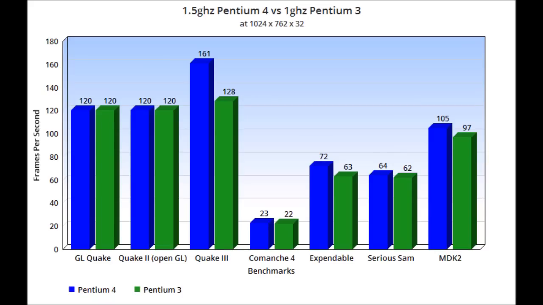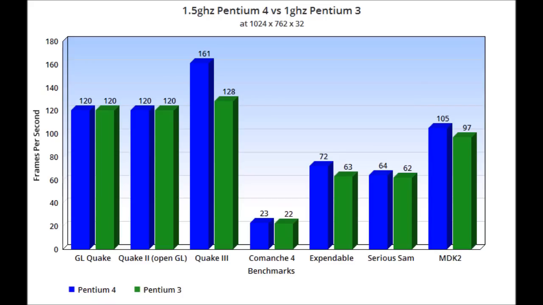Comanche 4, which is probably the most demanding game on this list, is pretty much the same. I think there's like a 1 frame difference, but it is in favor of the Pentium 4, although it is within the margin of error, so keep that in mind. Again, this is another test I didn't put here, but lowering resolution will probably give you a little bit more advantage to the Pentium 4, and just higher numbers in general.